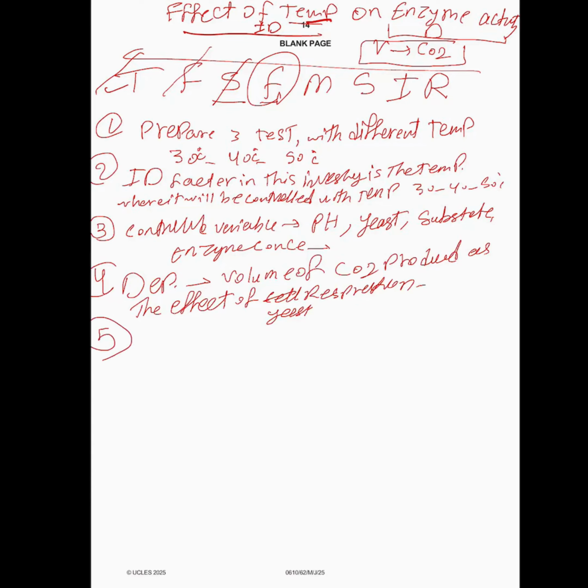Number 5, the method. How are you going to make the experiment? In the 3 test tubes mentioned above, add, for example, a 5 centimeter cube of yeast solution.